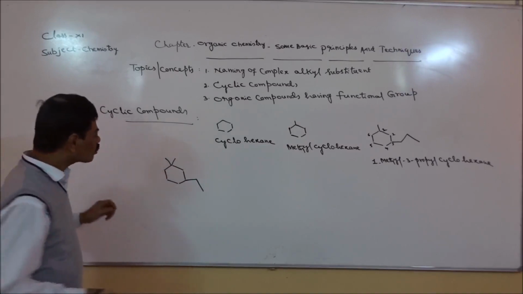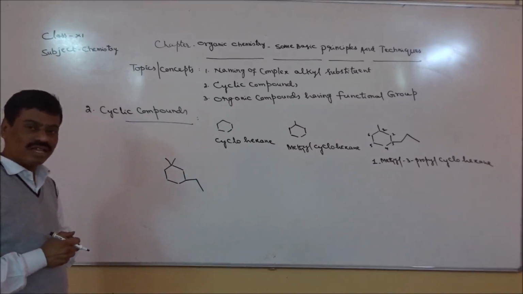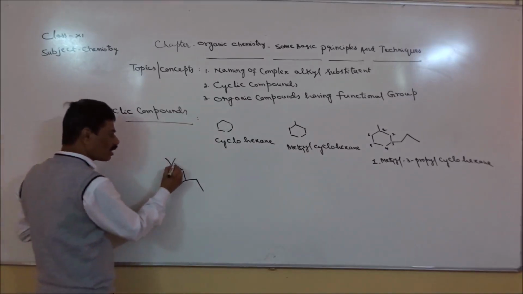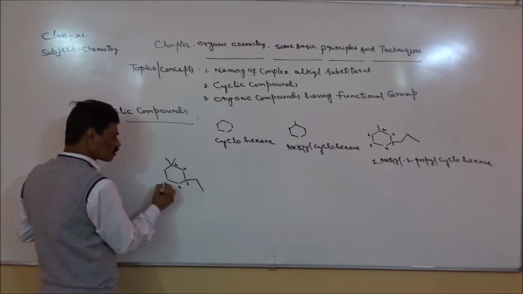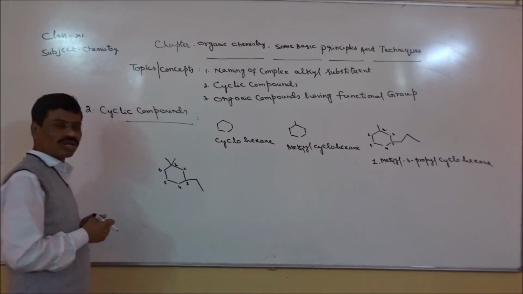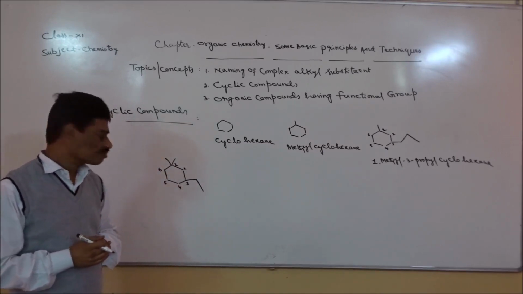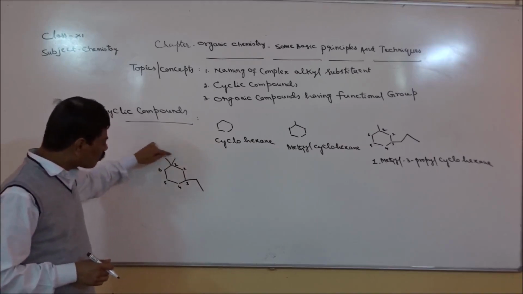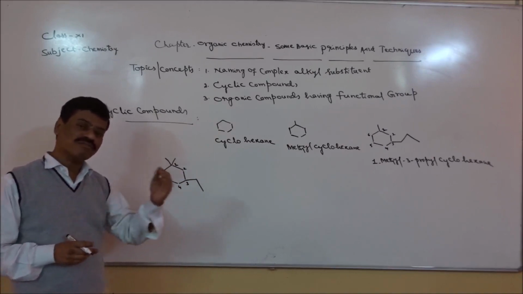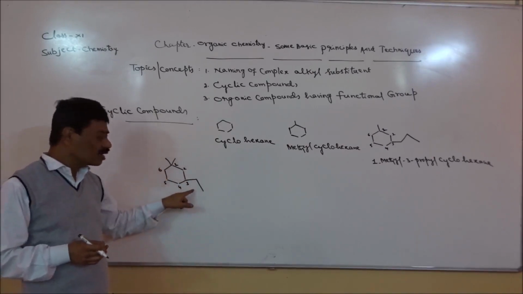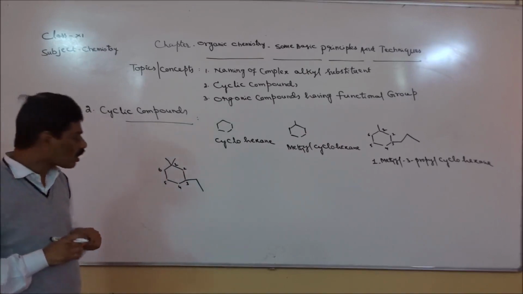Now let us see how this compound should be named. As we have two substituents, to specify their positions, we have to give numbers. When only one substituent is there, if we want, we can give or we can ignore. Okay, now these are methyl groups, and this is ethyl. E of ethyl precedes M of methyl. So first the ethyl name should come.